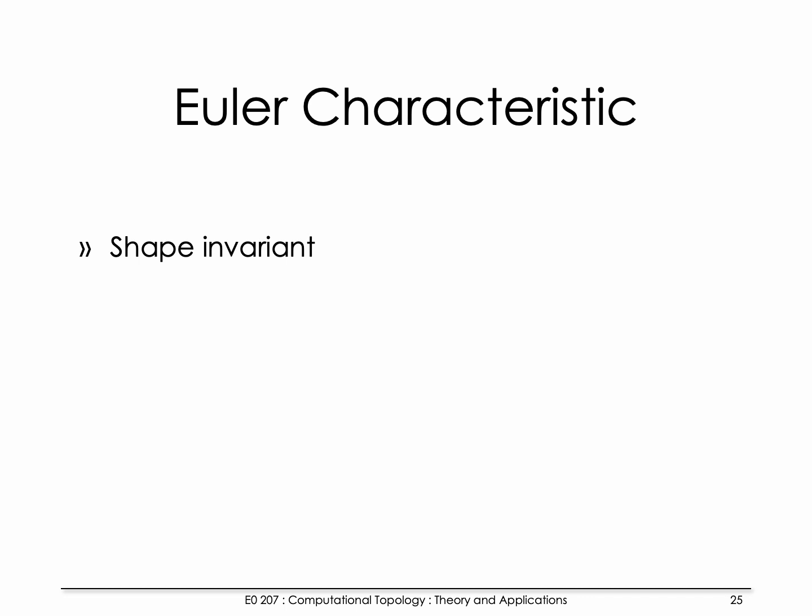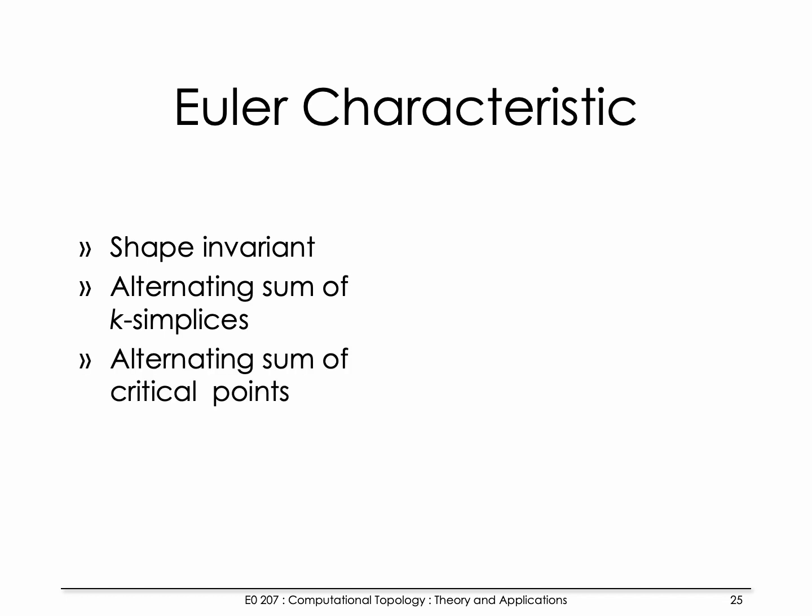We already saw that the Euler characteristic is equal to the alternating sum of the k simplices. What is also true is that the Euler characteristic is also equal to the alternating sum of critical points. So the Euler characteristic chi is equal to the alternating sum of the number of i simplices, S sub i.